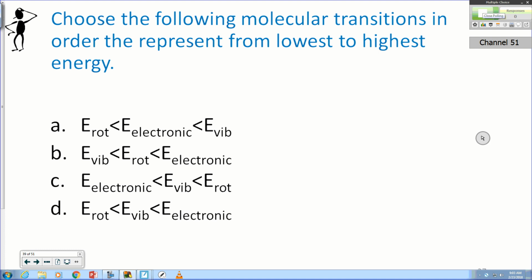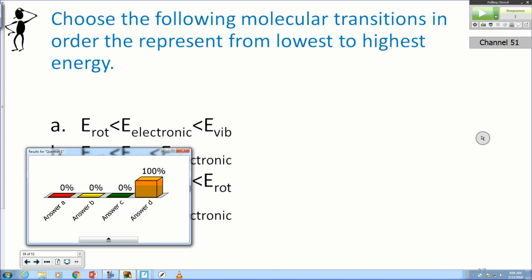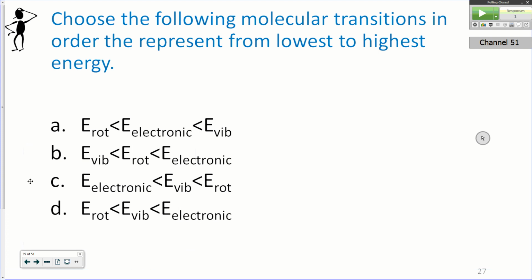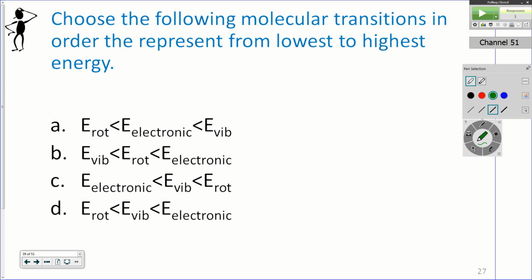So the question was, put the molecular transitions in order from the lowest energy to the highest energy. We got one vote, and that one vote says D. And if we look at the correct answer, the largest energy is electronic.